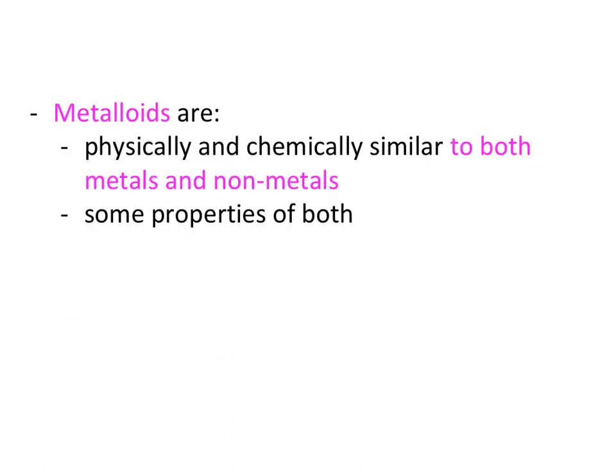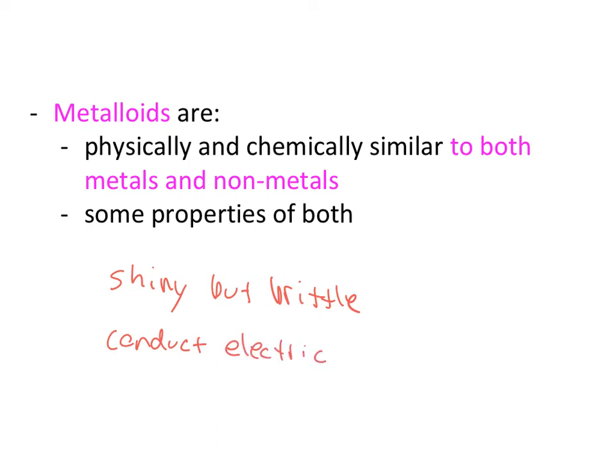Metalloids are going to have some physical characteristics and some chemical characteristics of both metals and of nonmetals, but they're not really completely like either. Metalloids typically might be shiny, but brittle. For example, they might conduct electricity, but they might be poor conductors of heat.